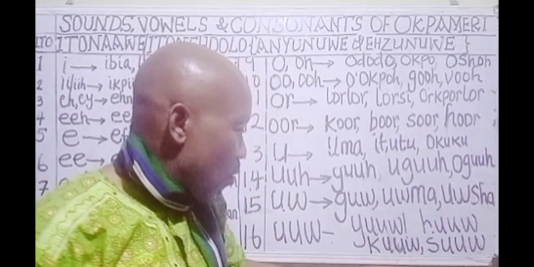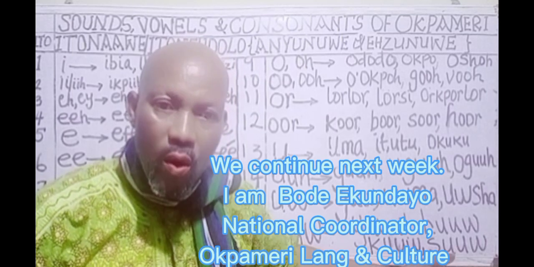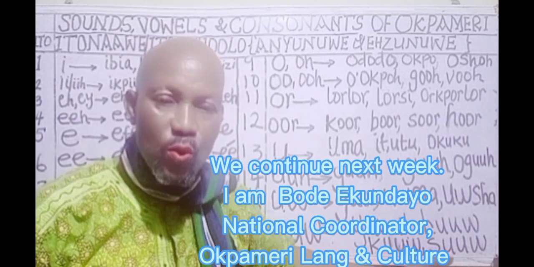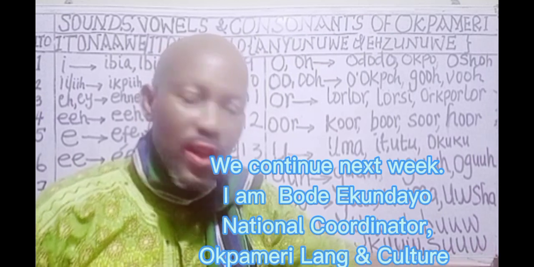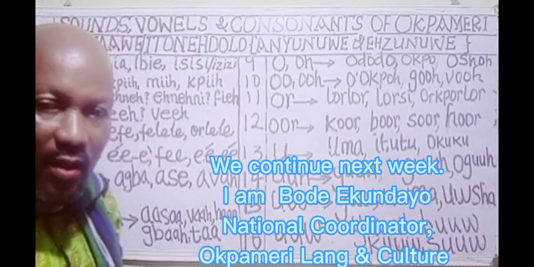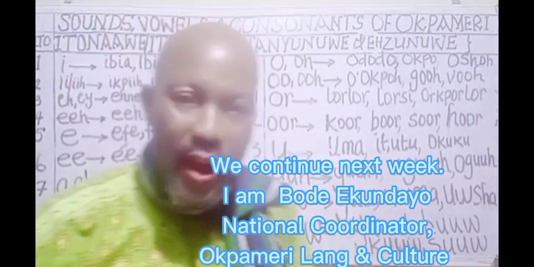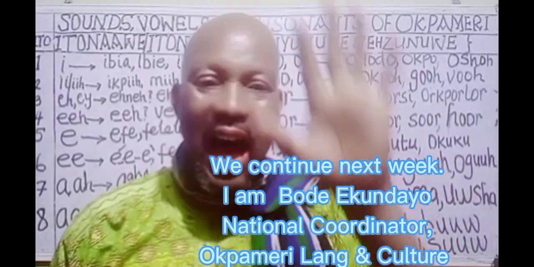So that is ko. And then so, not su, is so, that sovie to sing, or sovie, that is he or she is singing. So Anyunudolo, Anyunuwe, Okpameri are 16.